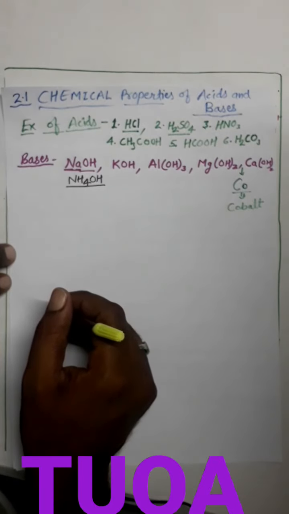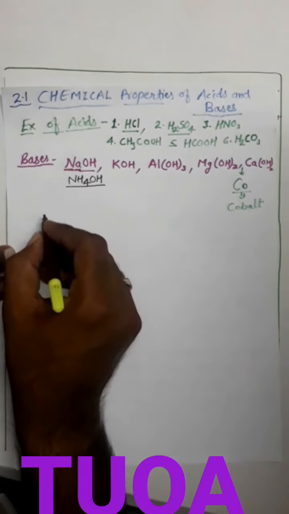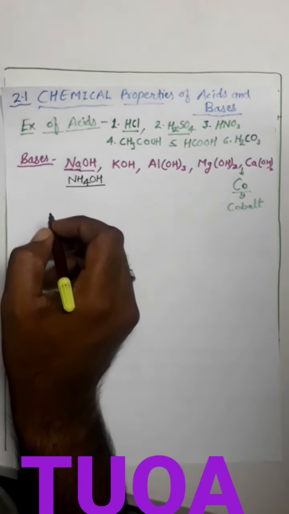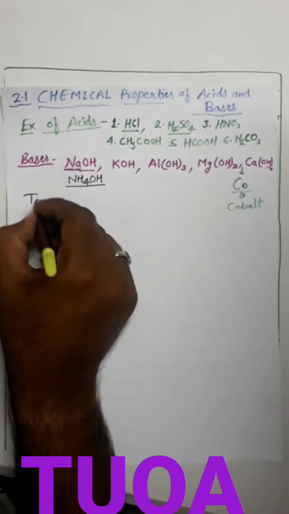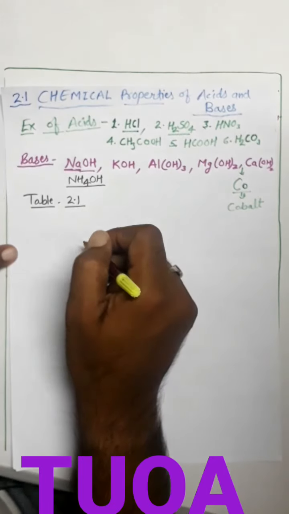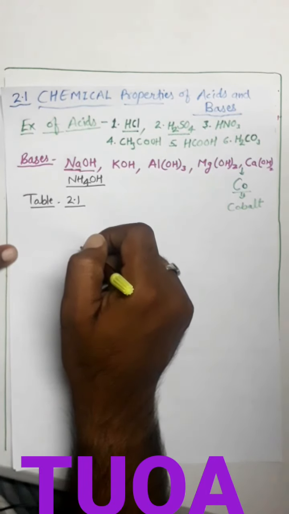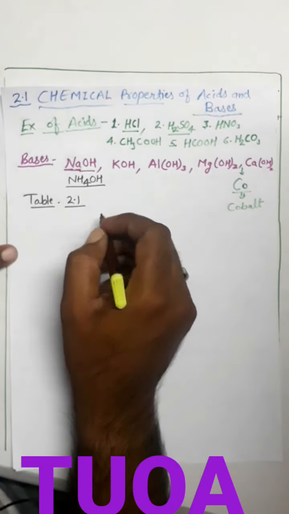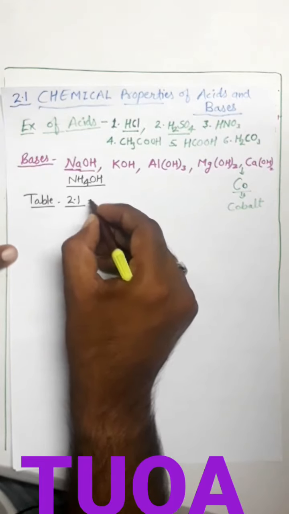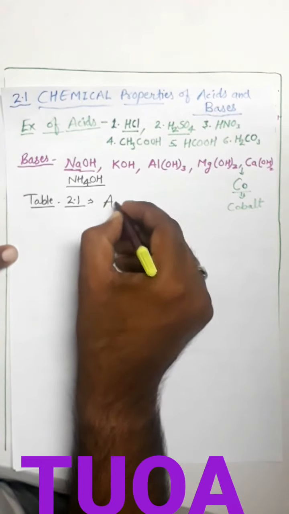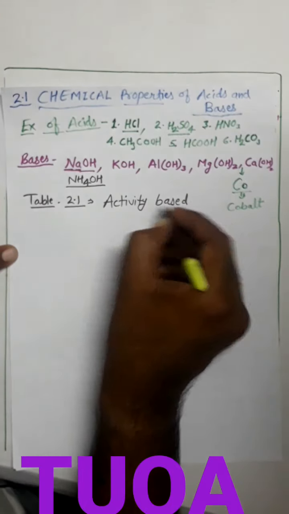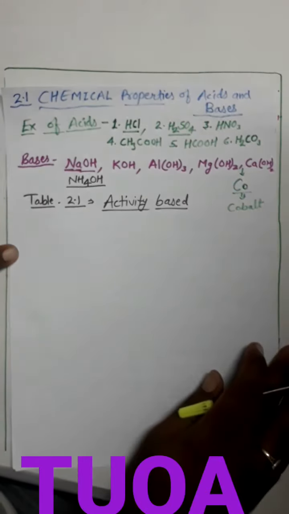Next, now if we go according to the NCERT textbook, in the NCERT textbook one table is there, and that table is 2.1. In this table you need to fill the observations of these acids and bases. Okay, so that is an activity based table, and that activity you need to perform in the chemistry lab.